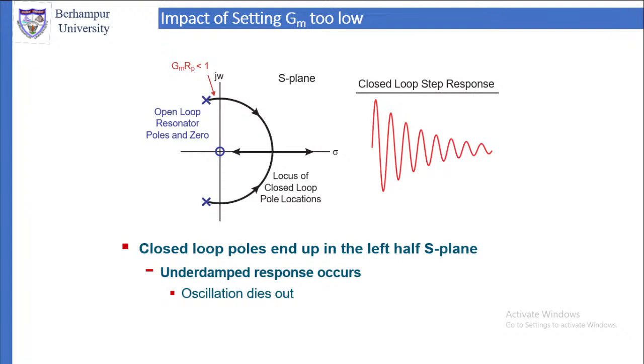Now let us set Gm too low. If Gm is too low, Gm into Rp is less than 1. Under that condition, what will happen? Closed loop poles will end up in the left half S-plane.